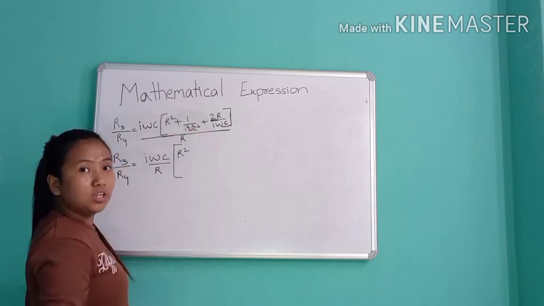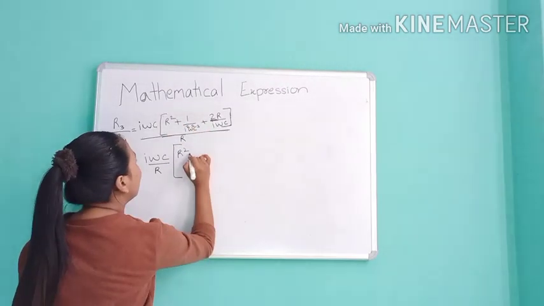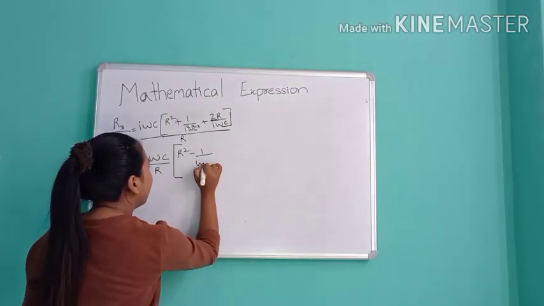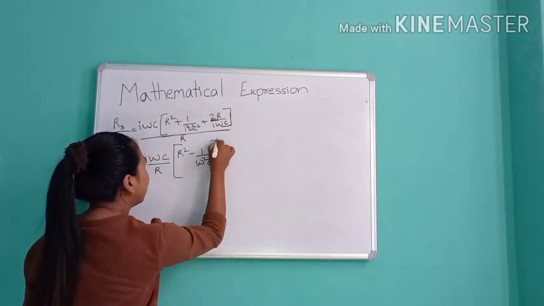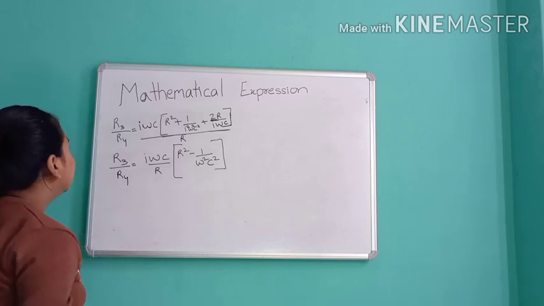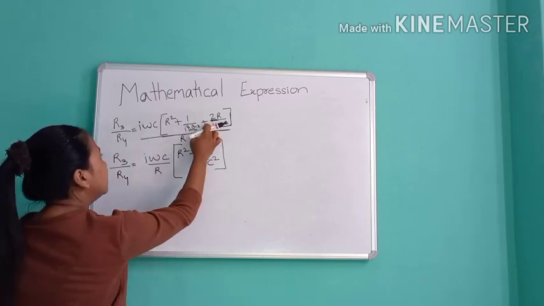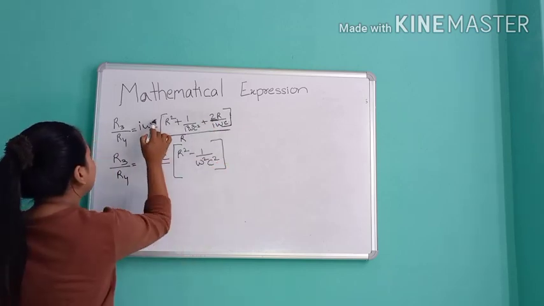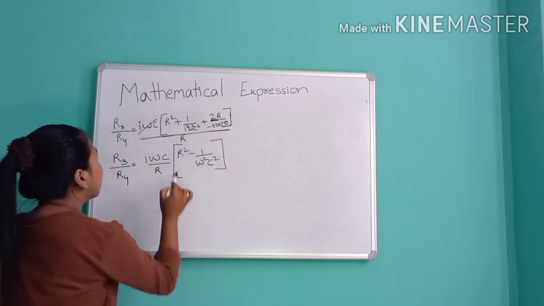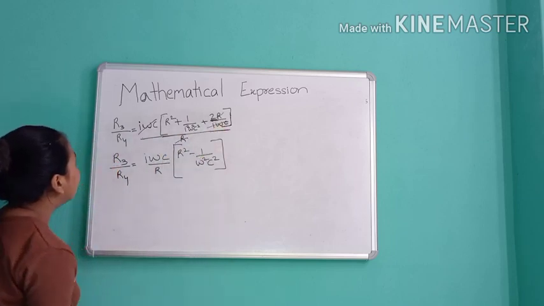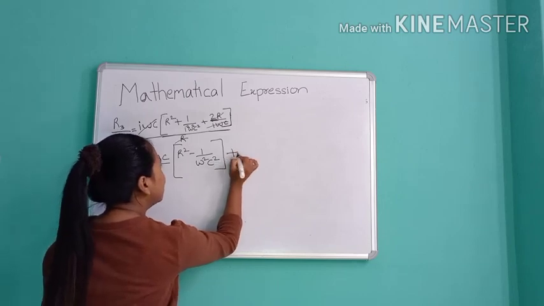Iota square means minus 1, so minus 1 by omega square C square. And if we multiply this term with this term, then this and this will cancel, and R will cancel, and it will come only 2.